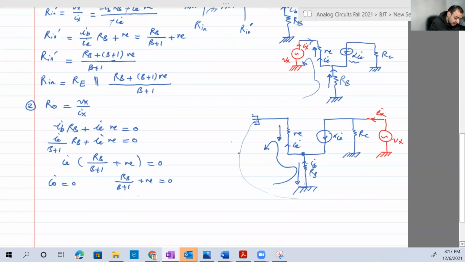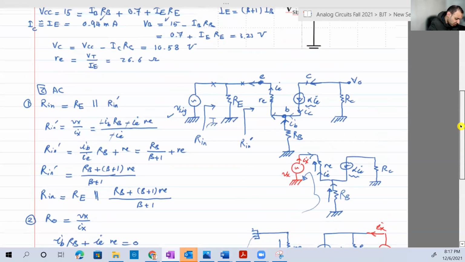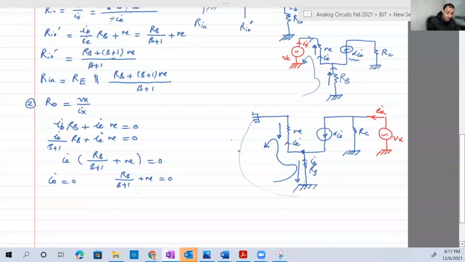So let's start with the second one here. RB, we know its value. RB is 750 kilo ohms, so it's not 0. Beta is known, 60. And the small RE is also known. It was 26.6 ohms. So that term is not 0.